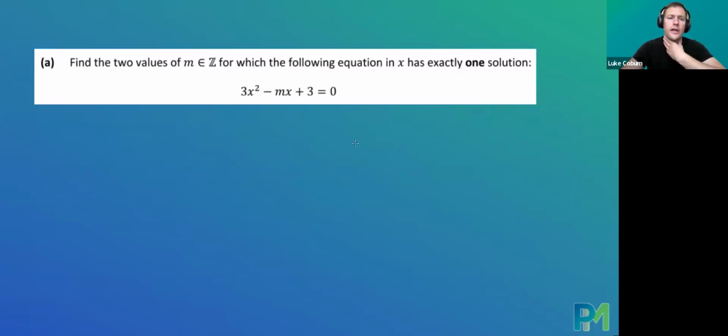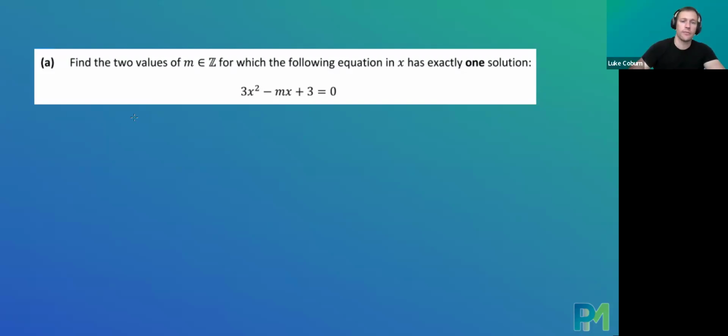Okay, this is an interesting one. This is the kind of question that will come up on the Leaving Cert. You've been given something you've probably never seen before, like the tricky questions at the end of the chapter that maybe you haven't done. They've given us this M here, and they're saying: find two values of M for which the following equation has exactly one solution.